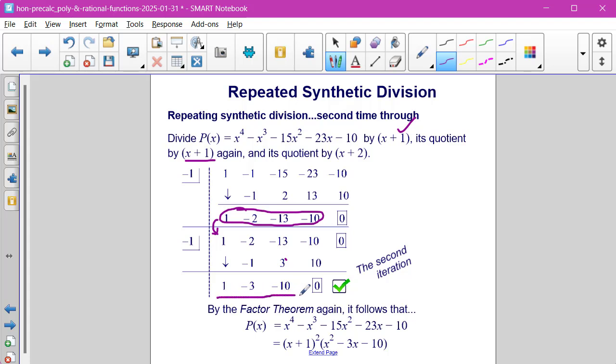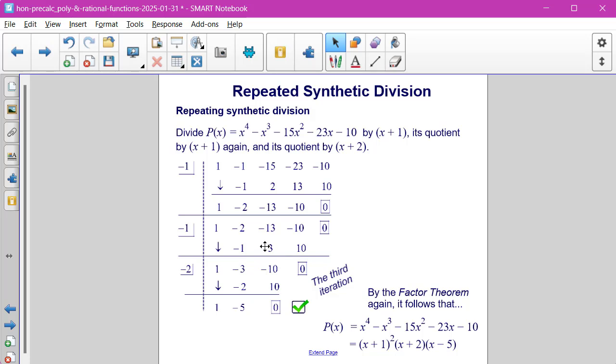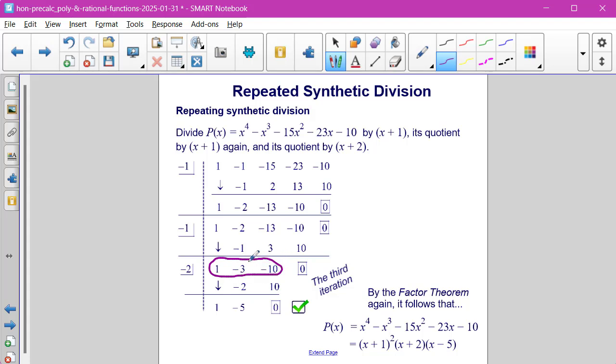We're taking these coefficients and constants and turning it into its corresponding polynomial expression. So on the last slide, we got up to this step. So we had x squared minus 3x minus 10, and now we're going to divide that by x plus 2.